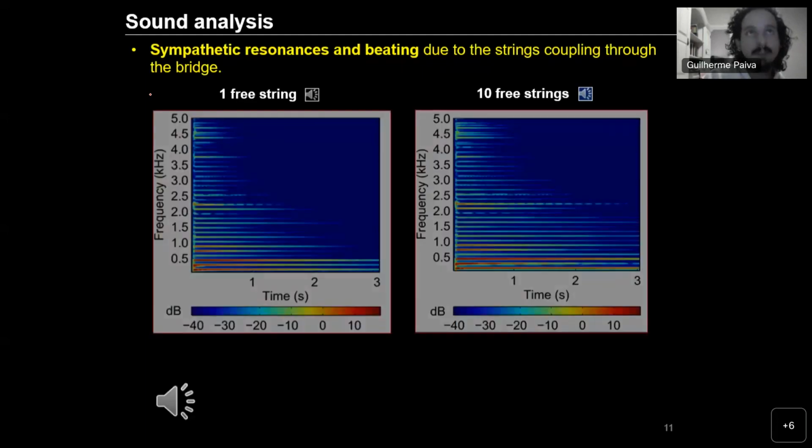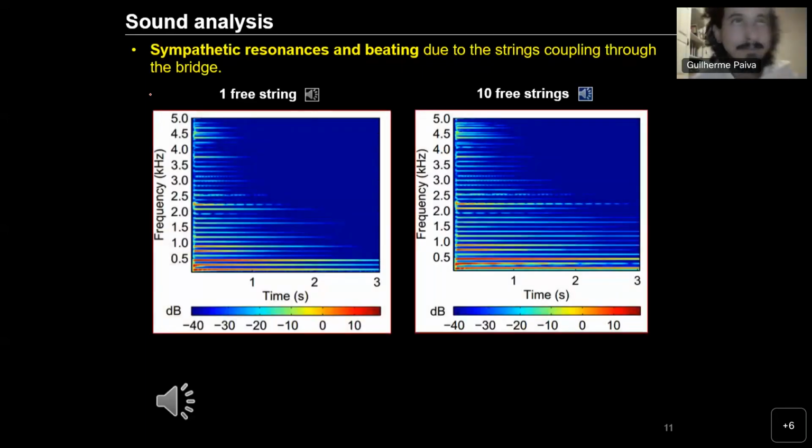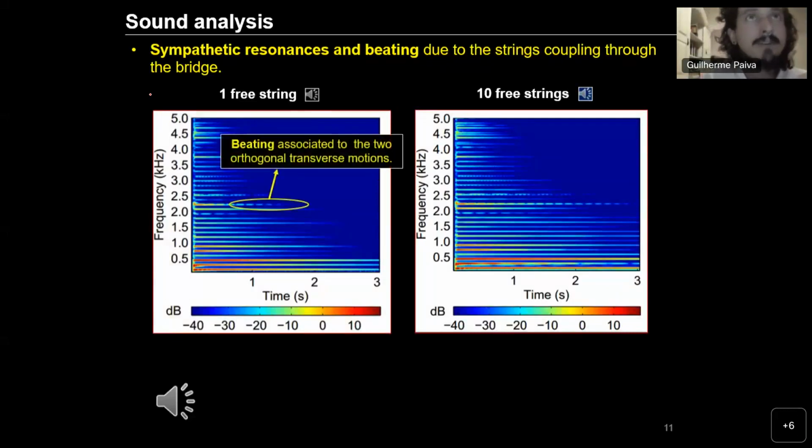So I could perceive a difference between these 2 sounds. We calculated the respective spectrograms from these 2 sounds, okay? Considering the 1 free string configuration, we can note beating phenomena associated to the 2 orthogonal transverse motions of the strings.